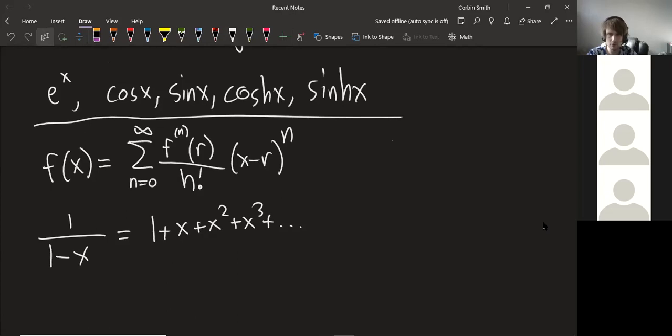So first of all, what's the derivative of 1 over 1 minus x? It's like 1 plus 2x plus 3x squared. It is 1 over 1 minus x squared.